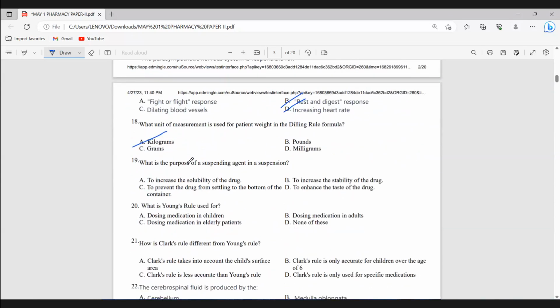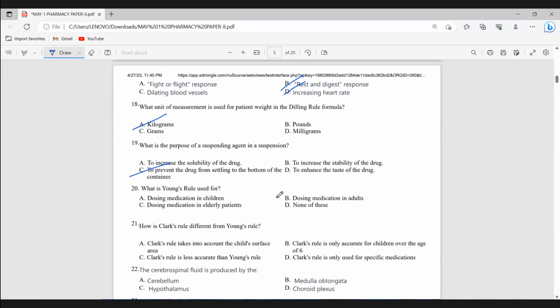Then 19, what is the purpose of suspending agent in suspensions? It is to prevent the drug from settling to the bottom of container. Then 20, what is Young's rule used for? Young's rule is used for dosing the medications in children.